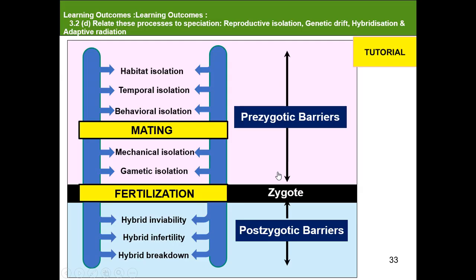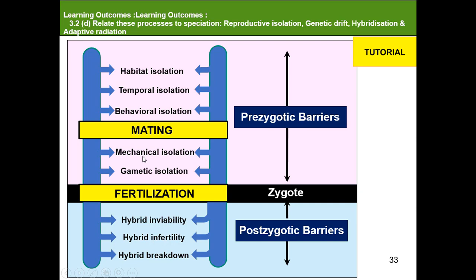Reproductive isolation: the pre-zygotic barrier prevents the organisms from mating. So, the first ones are habitat isolation, temporal isolation, behavioral isolation.